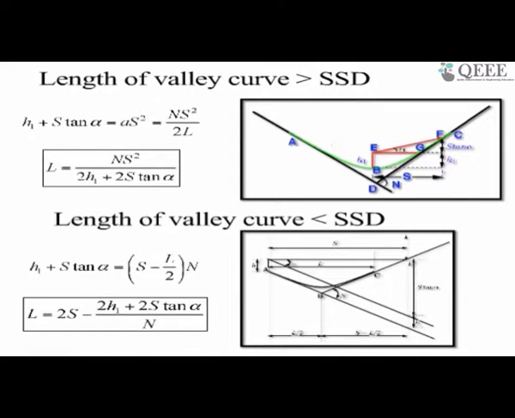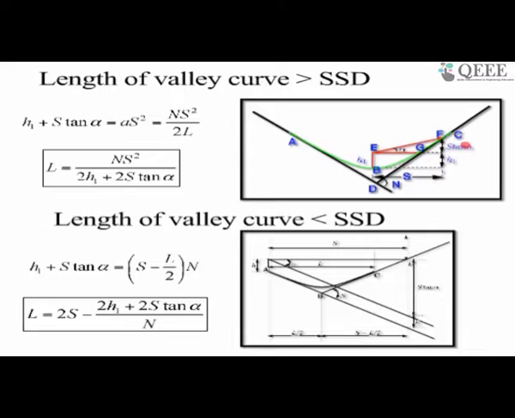Let's look into the sight distance criteria, how it works. As I told you, for the sight distance criteria we have to look into the headlight. The headlight is going to go straight. In this particular figure, if you see the red line, this is straight, and there is a little bit of deviation. If you look into the projector inside the headlight, they are at a certain angle, and because of that angle, the light is deflected a little bit on the upward side as well, with an angle alpha.